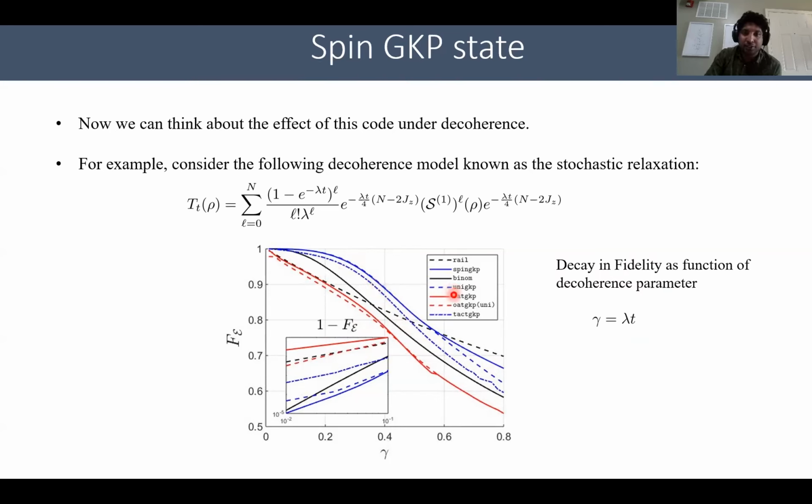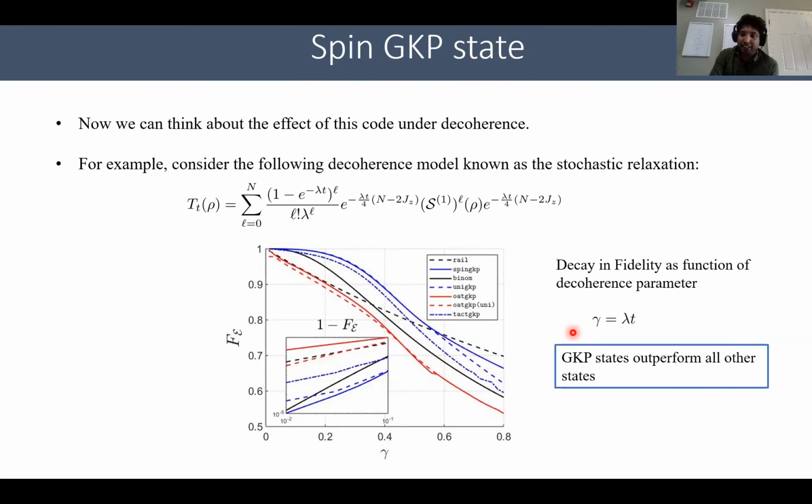You have these other codes like rail and binomial, which are other codes you can consider for this ensemble of qubits approach. But here we can see that the GKP codes outperform all the other codes. Thus it seems like the GKP code is a very promising approach.